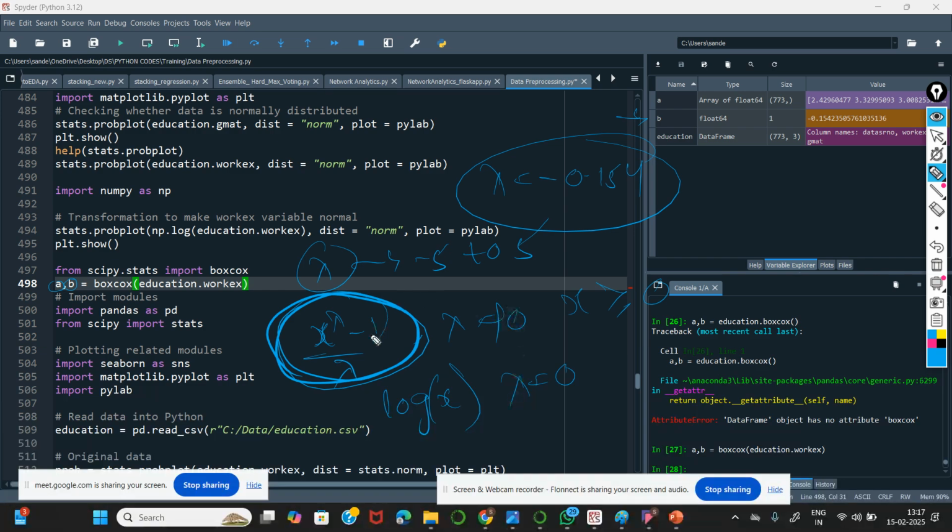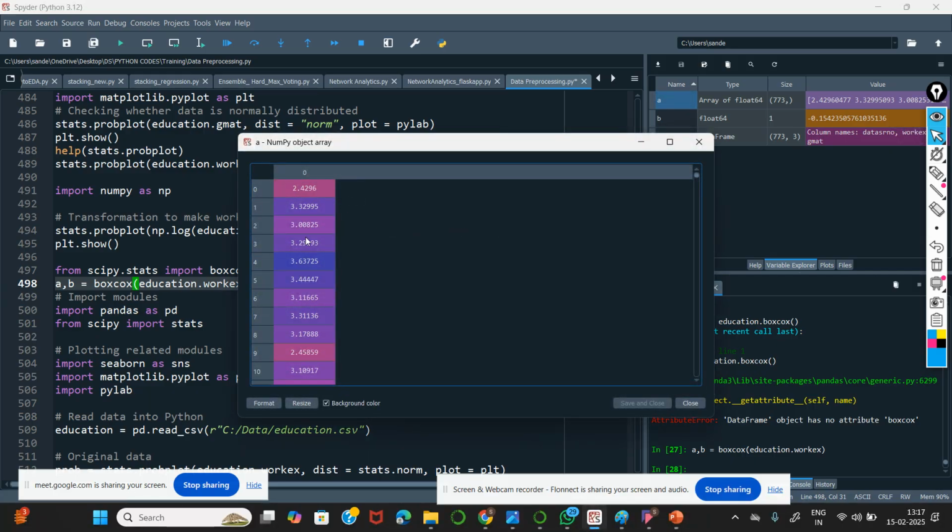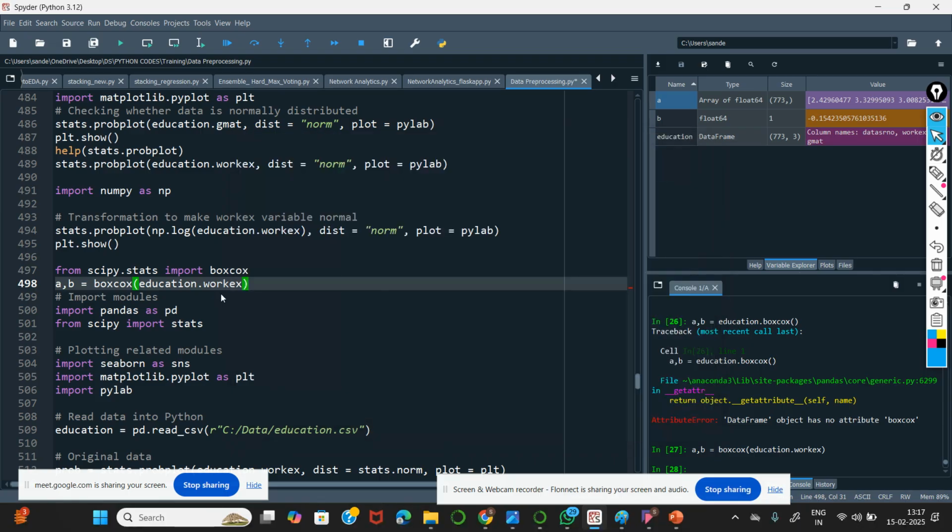So it will keep putting those lambda values and x values into this formula, and transform the data. Let's see the transformed data. Let me have a look. I have received a. See here, this is your transformed data, guys. So the data got transformed completely. And if you take this data and put it over your QQ plot or probability plot, you would get all the points plotted over the line.